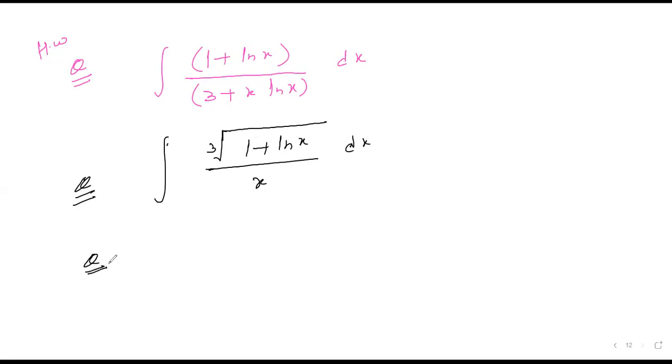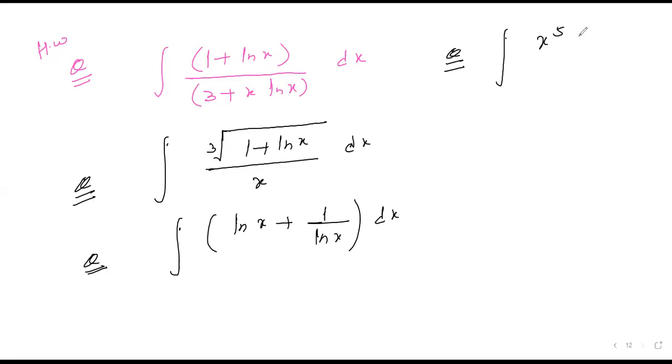Next problem, you have to integrate (ln x plus 1) divided by (ln x) dx. Next one, you have to integrate x raised to the power 5 dx upon square root of 1 minus x square.